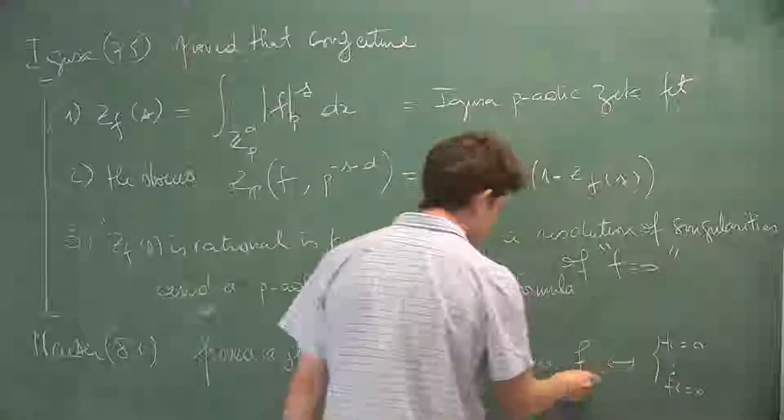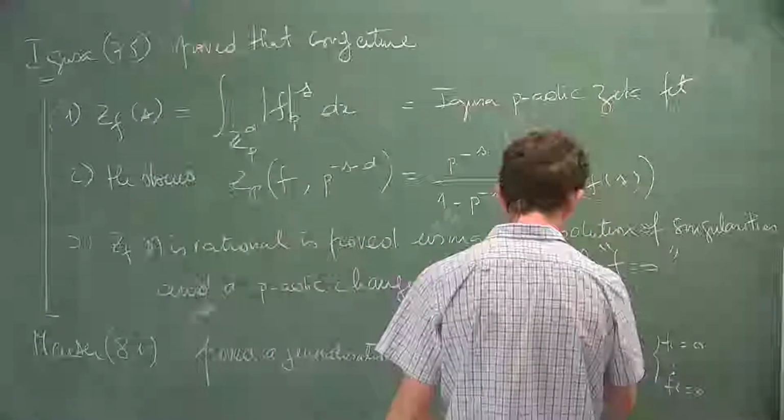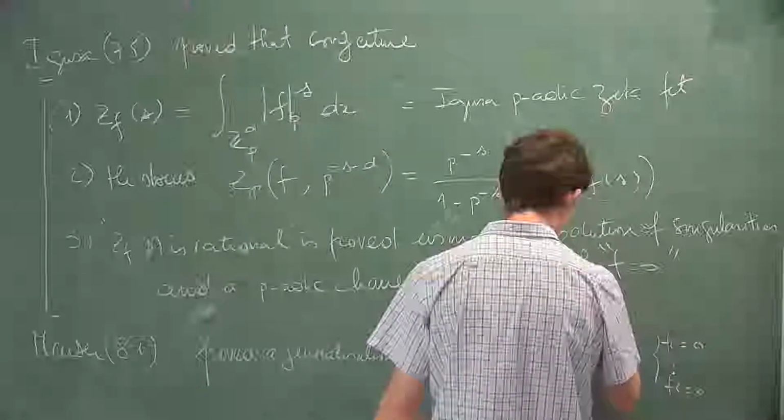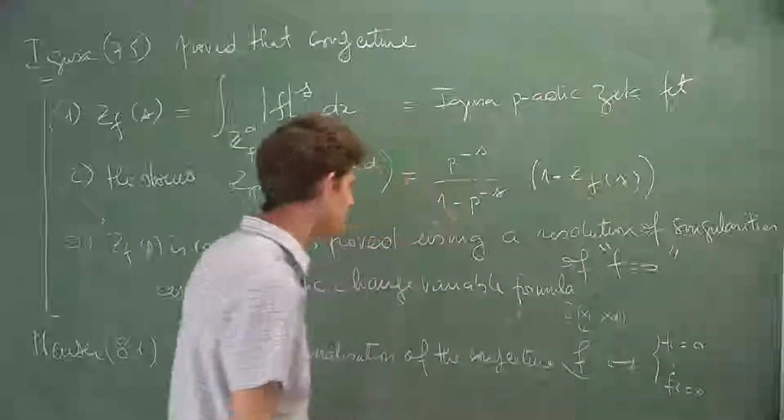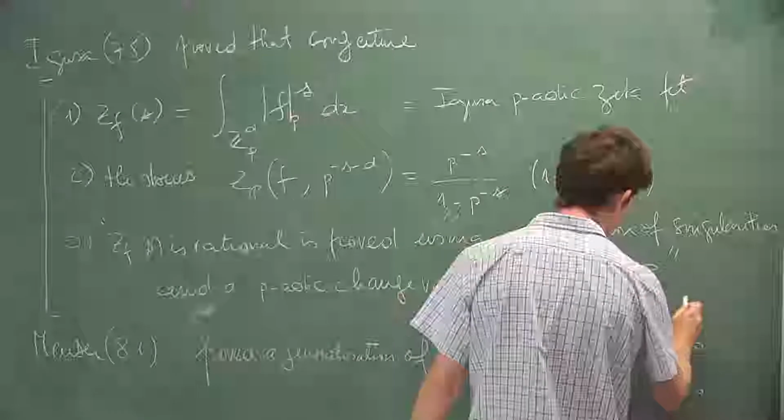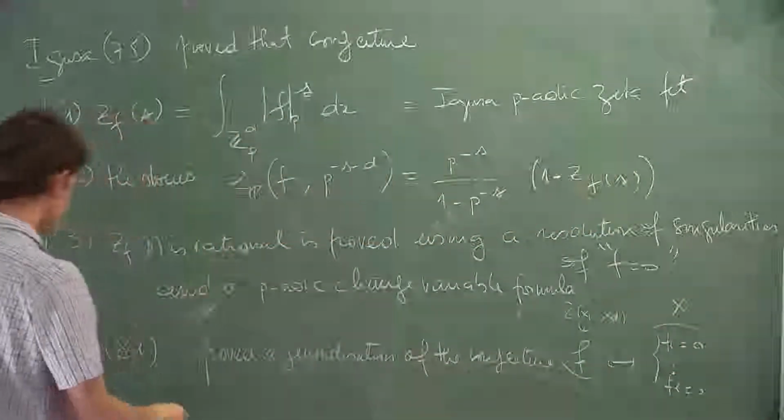So instead of looking at just one function in Z[x1, ..., xd], you consider a system. So this is an algebraic variety. And then Meuser proves that.